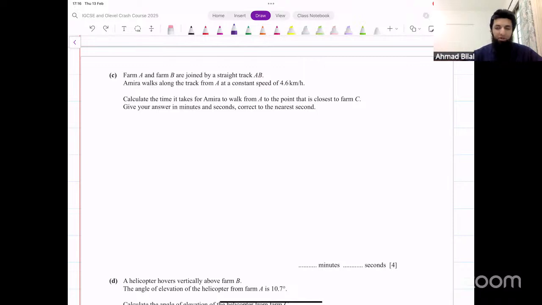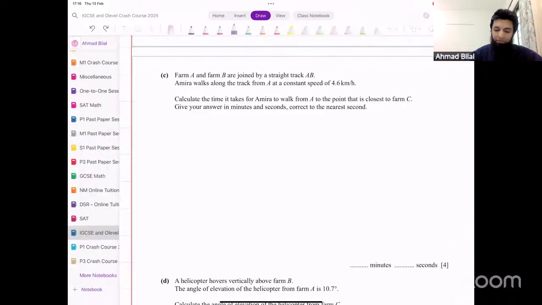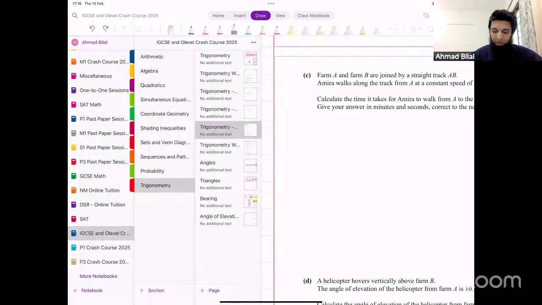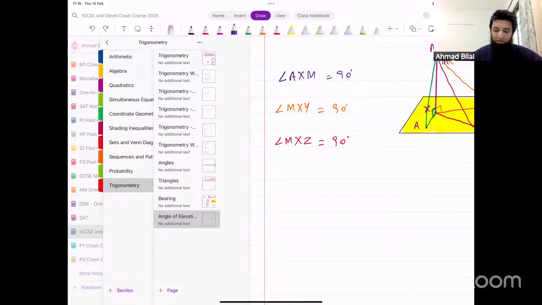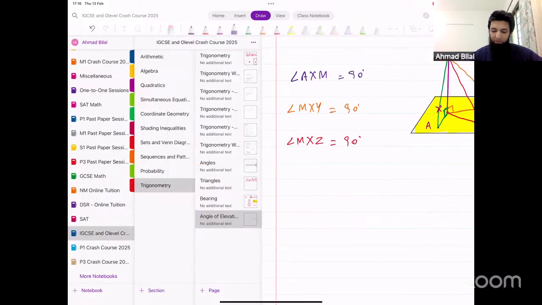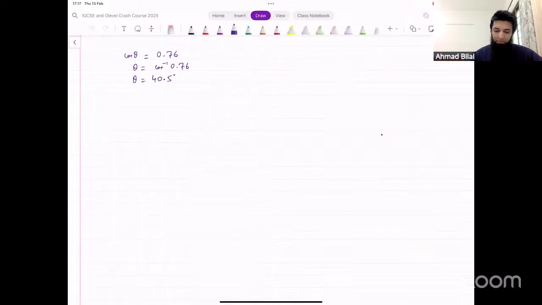Okay, so that's an important thing in trigonometry as well that you need to know. Let me add that here. We talked about angle of elevation, or maybe in the first thing.